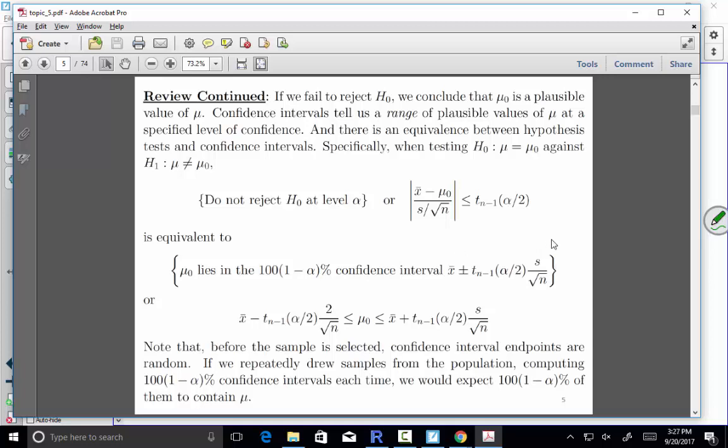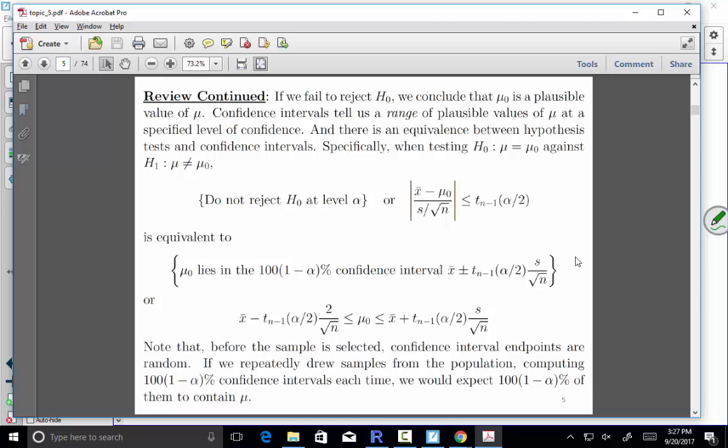So let me jump forward a little bit and try to tie in with confidence intervals. All that I was talking about is hypothesis testing stuff. Statistical inference has two sides of the coin: hypothesis tests and confidence intervals. A hypothesis test is just making a formal decision with a stated level of confidence. A confidence interval is estimating the value of something with a stated level of confidence.